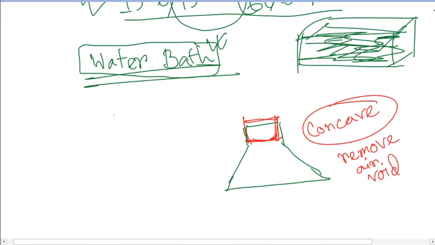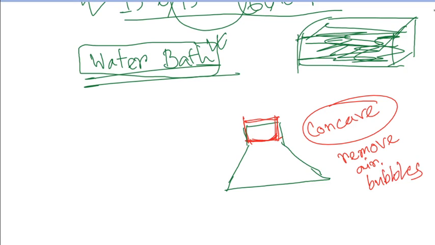It will be concave in shape so that it removes air bubbles through this, and that's why there will also be an opening.